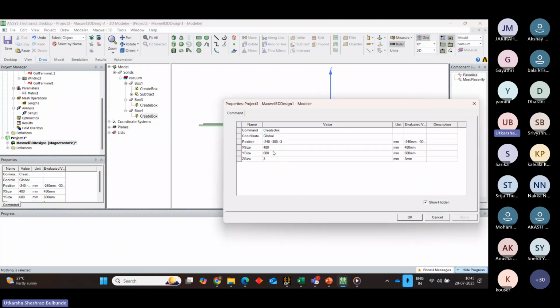Similarly, we will draw another block. I'm just copy pasting it and increasing its dimension. 500, -3 and -3. This -3 and this -3, that's why -6.